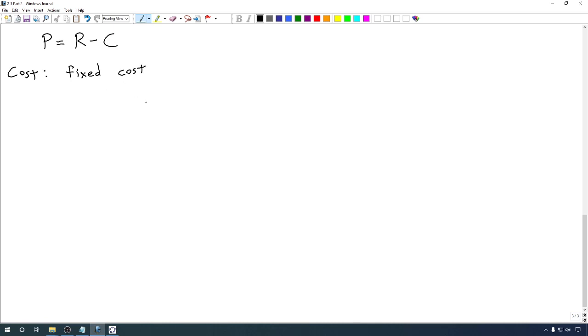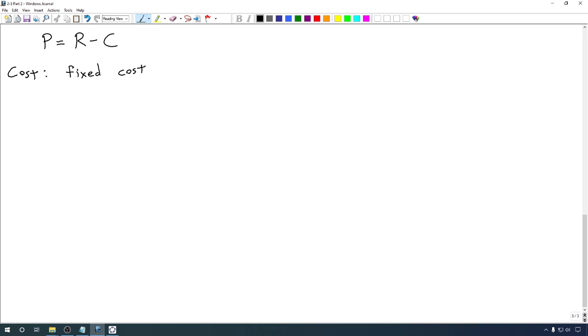This might represent the cost of the building or the machines that you're using to create items or create whatever units you're dealing with. It might have to do with, say, the cost of your employees, any sort of things like that. Now, of course, maybe making more units might require you to hire more employees and stuff like that.